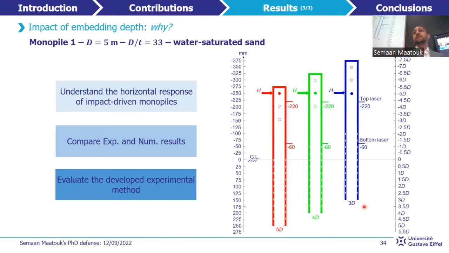Second, to compare the experimental results with those obtained by the one-dimensional finite element model, considering all the soil reactions that are explored in the PISA project, in order to really evaluate the performance of the PISA approach. And finally, to assess the usefulness of the newly developed analysis.